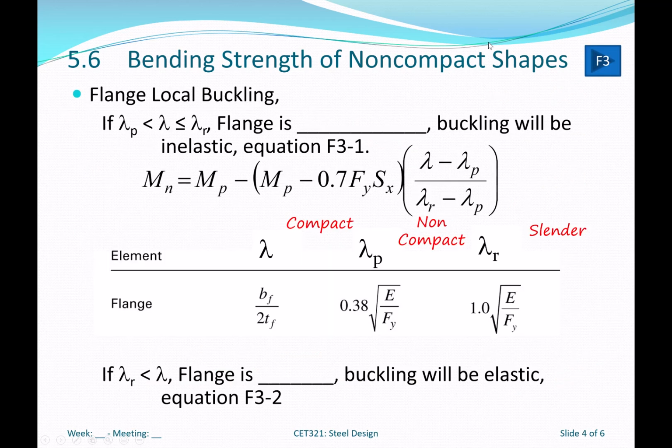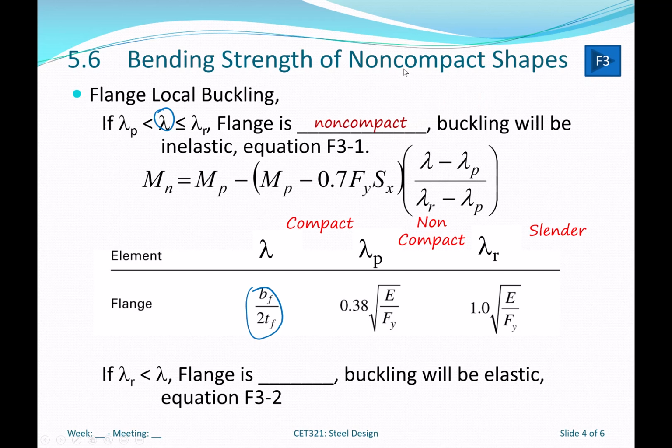All right, so lambda, again, is a general term for a width to thickness ratio, and in our case lambda is b sub f, the flange width divided by 2, divided by the thickness of the flange.